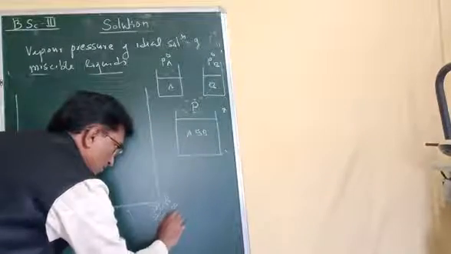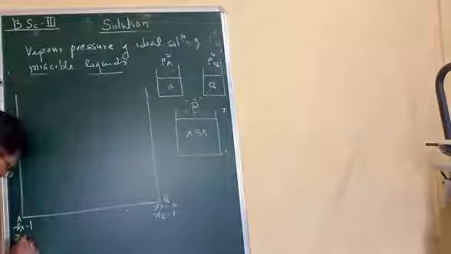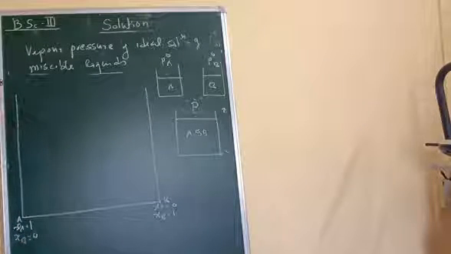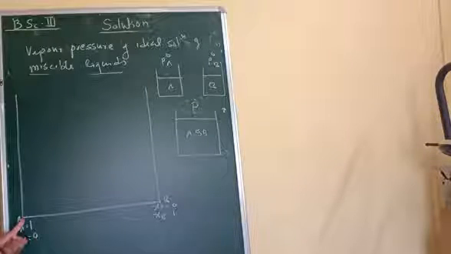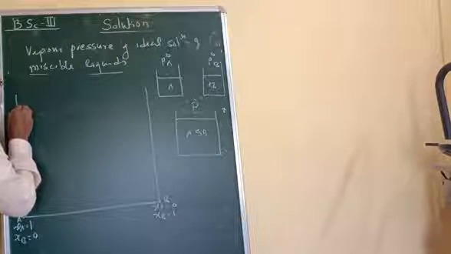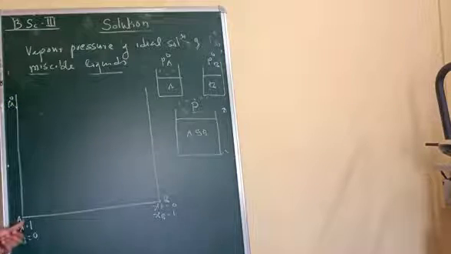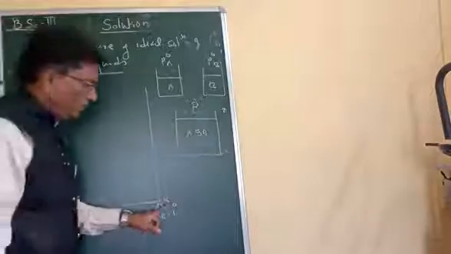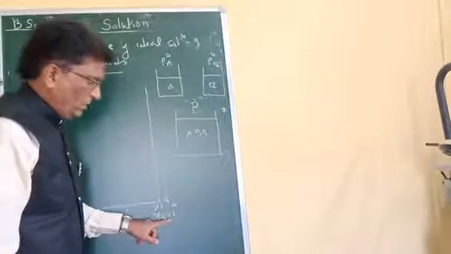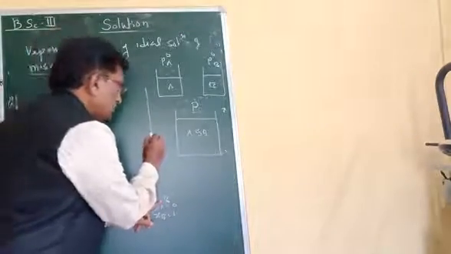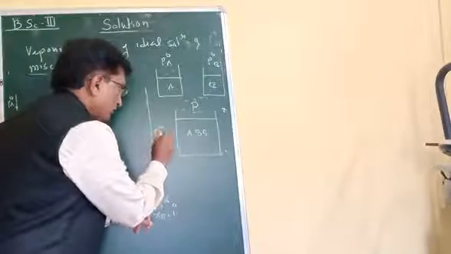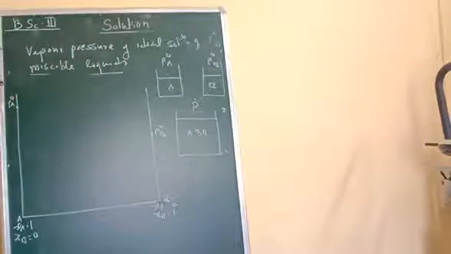That means the mole fraction of B is equal to 1 here and the mole fraction of B is equal to 0 there. Now if we measure the vapor pressure of pure component A, this is the point, that is P0A, the vapor pressure of pure component A, and for pure B, where XB is equal to 1, the vapor pressure of pure B is P0B.